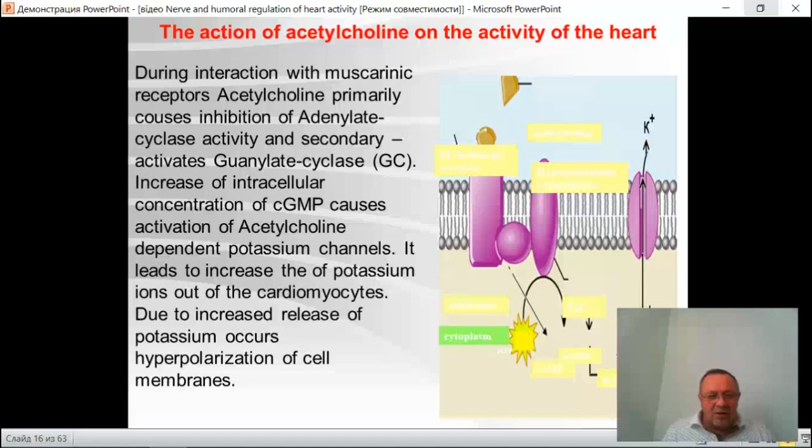Increase of intracellular concentration of cGMP causes activation of acetylcholine-dependent potassium channels. It leads to an increase of potassium ions out of the cardiomyocytes. Due to increased release of potassium, hyperpolarization of cell membranes occurs.